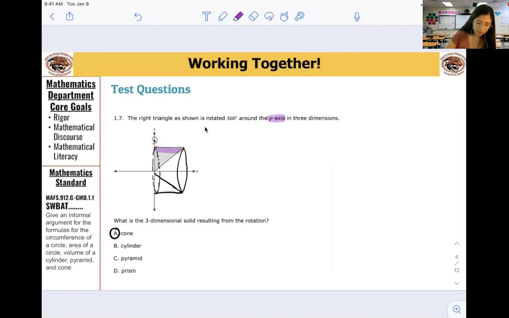If you think about it, it's like a cylinder with a cone carved out of it. Does that make sense? It would be a cylinder with an empty cone in the middle. You guys see it? Yeah. Mind-blowing, right? That's what this would be.